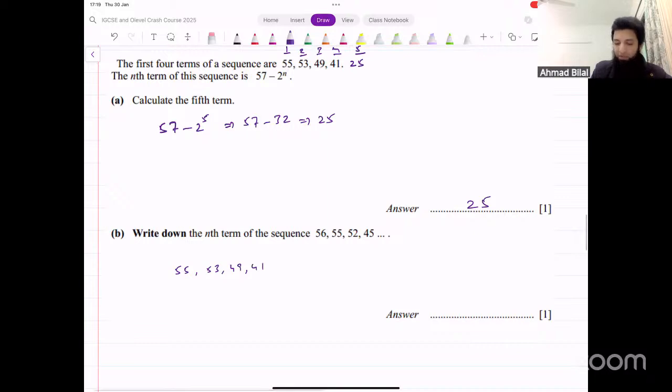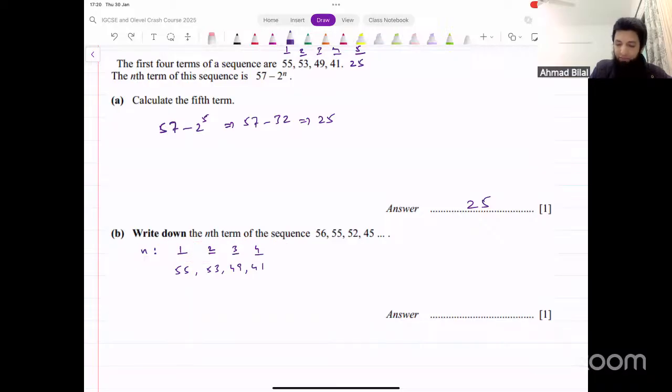These were the numbers that we were given earlier. The first term was 55, the second term was 53, the third term was 49, the fourth term was 41. Always write down the term numbers here like this as well, and that will help you understand the pattern that is emerging. The value of n is 1, 2, 3, 4, 5.